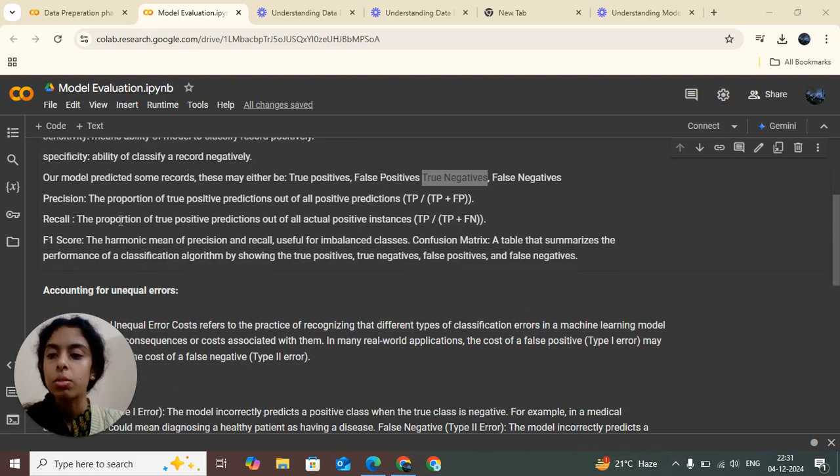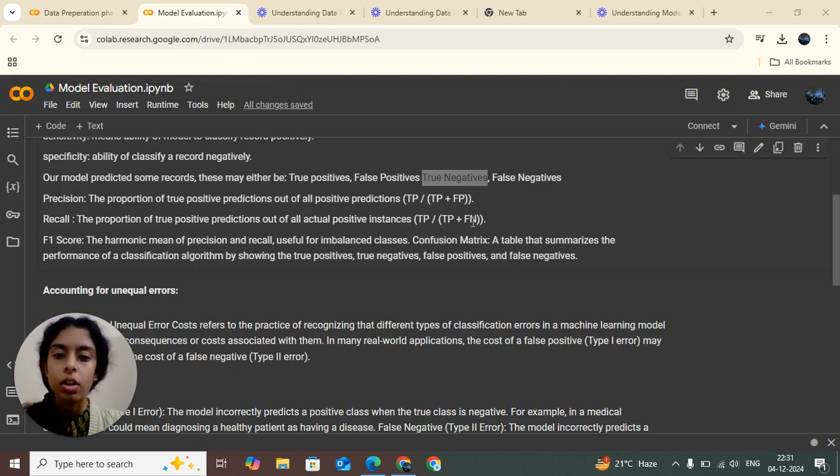And recall is the proportion of true positive predictions out of all actual positive instances. That means according to some kind of query, how many predictions actually turned out to be positive and were in turn returned by our model as output. That is the recall.